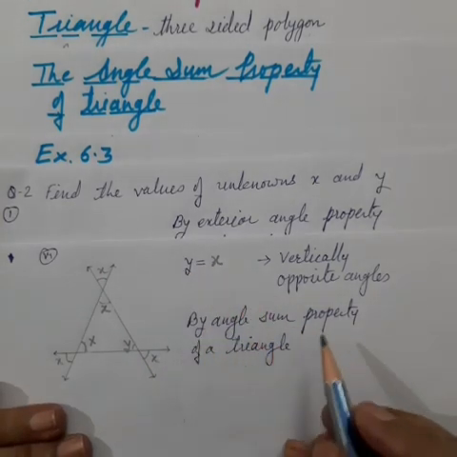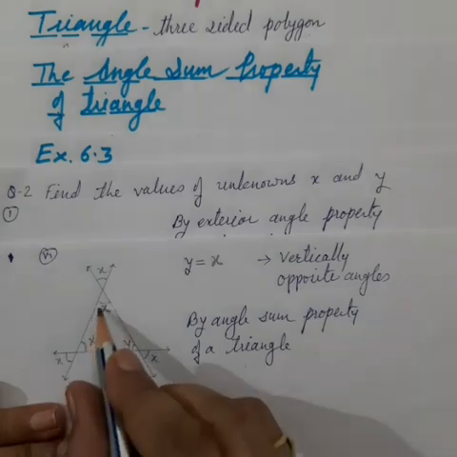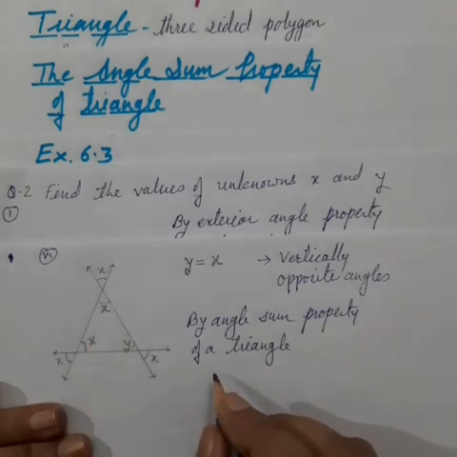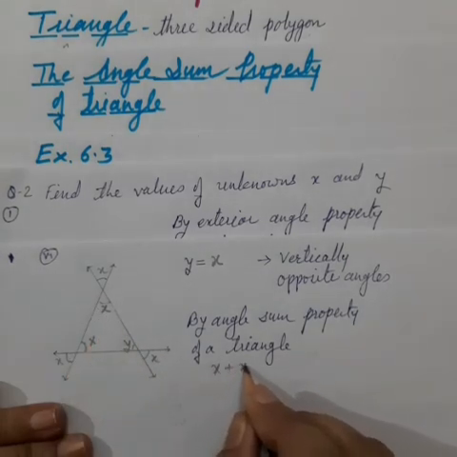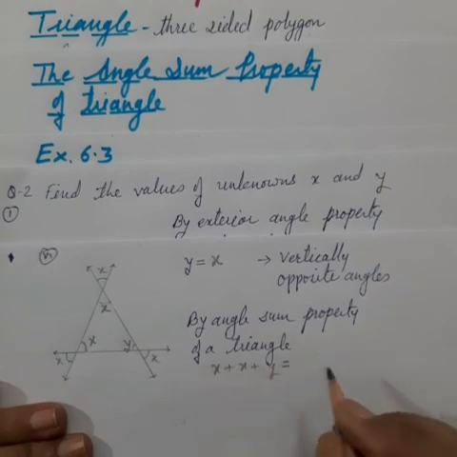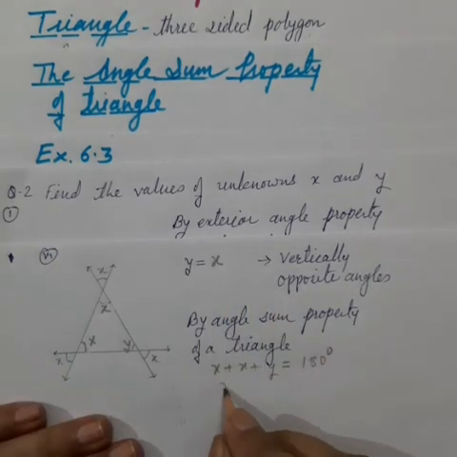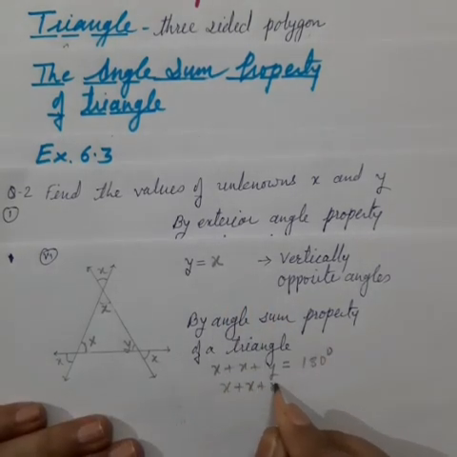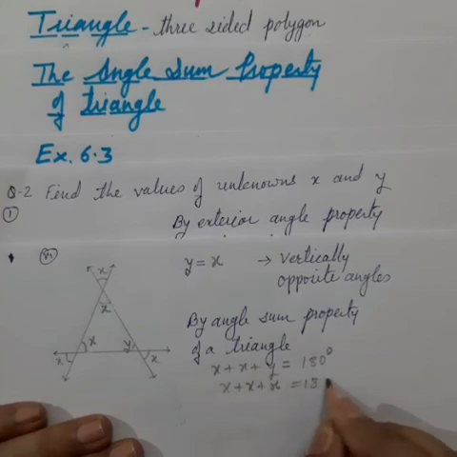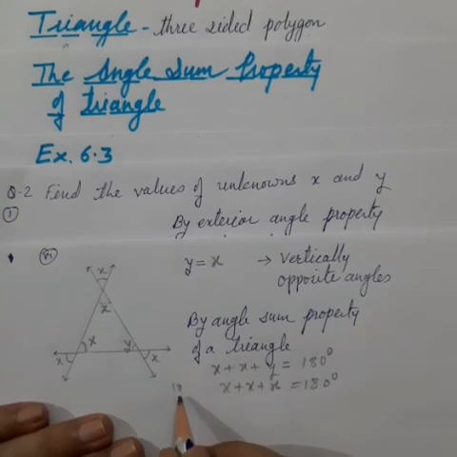And now by the angle sum property of a triangle, the sum of these three angles of the triangle is 180 degrees. So x plus x plus y equals 180 degrees. Now for this y we can use x because they are equal. So x plus x plus x equals 180 degrees. 1x plus 1x plus 1x equals 3x.